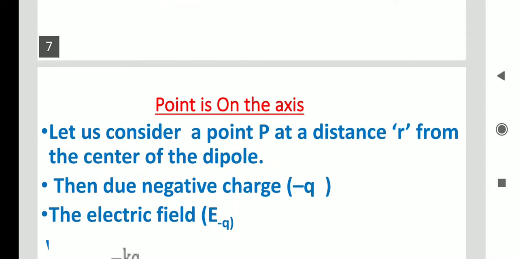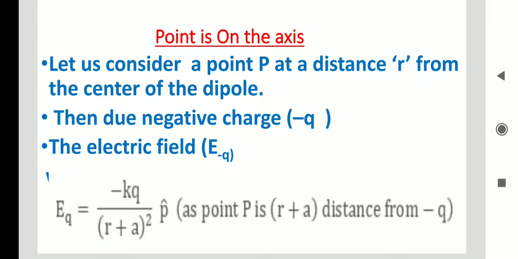Let's see case 1. Let us consider a point P at a distance r from the center of the dipole. Due to the negative charge, the electric field is considered as E minus q.